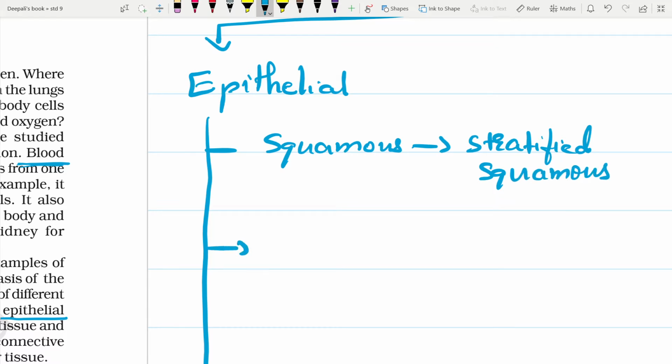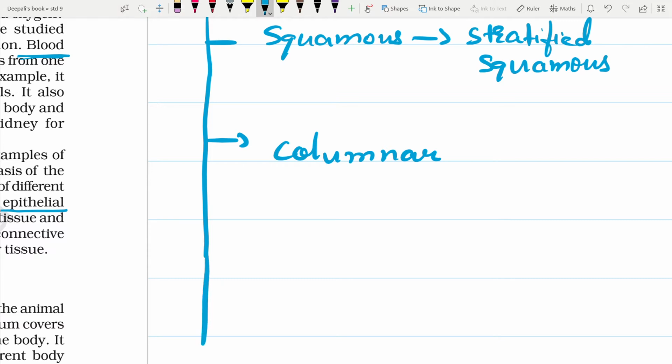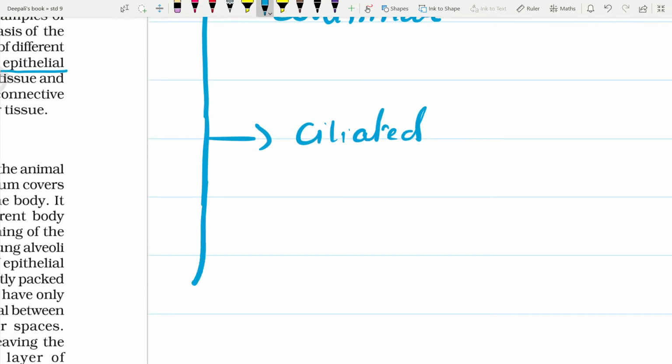Then we have columnar. Then we have ciliated. Then we have cuboidal.